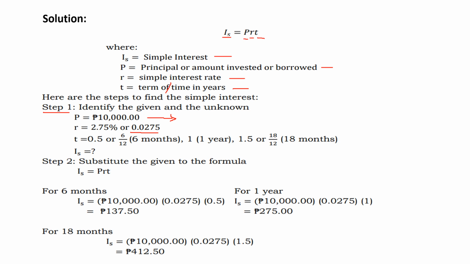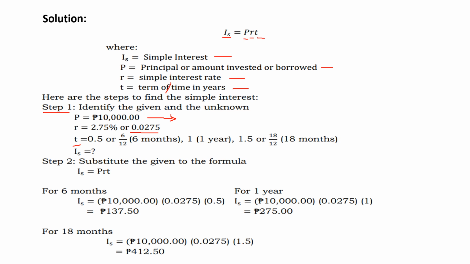Now for your t, since we're asked to find the simple interest for 6 months, for 1 year, and for 18 months, 6 months will be equal to 2 quarters in a certain year. Meaning to say, your 6 months is half of a year.